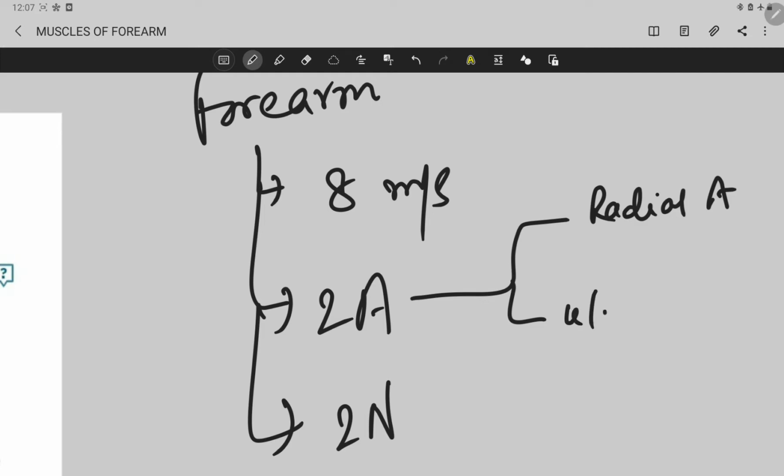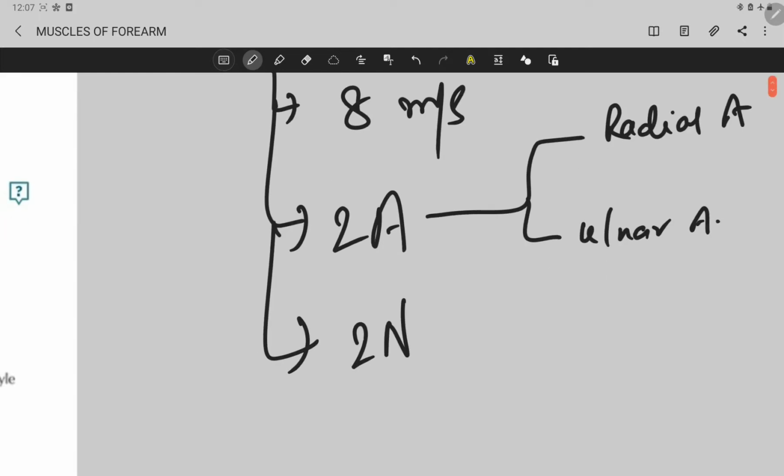Very simple. Radial and ulnar artery, and two nerves. Actually not two, it is mainly two plus one, actually three nerves.